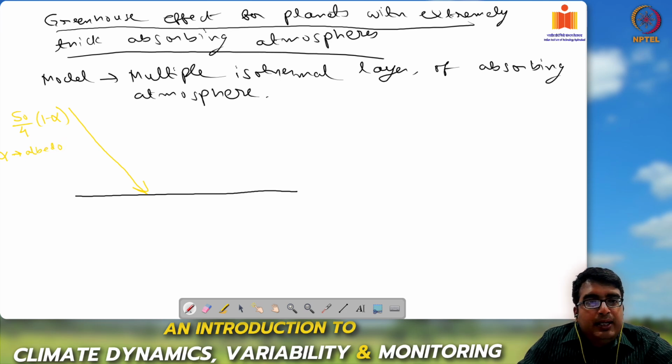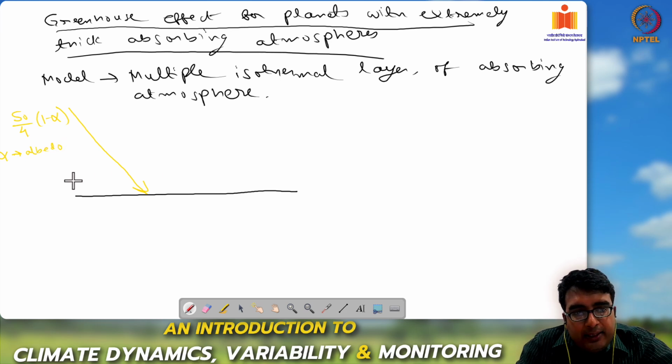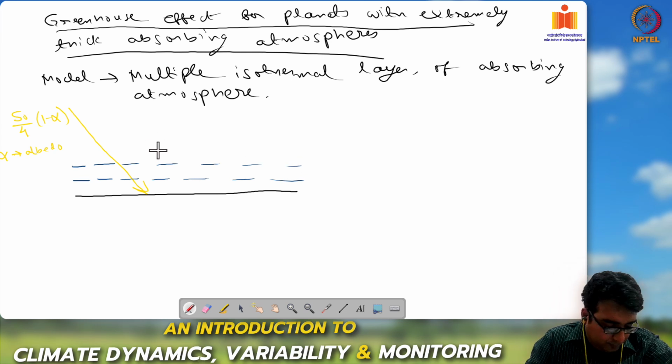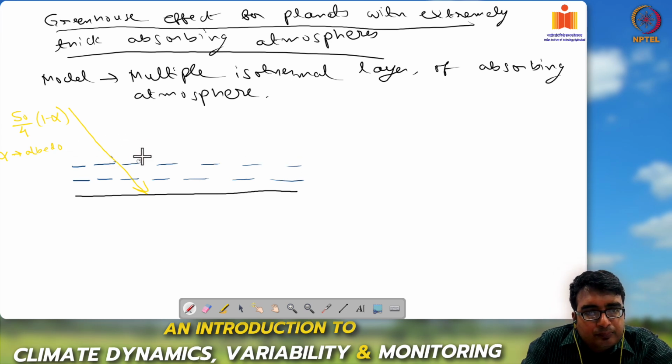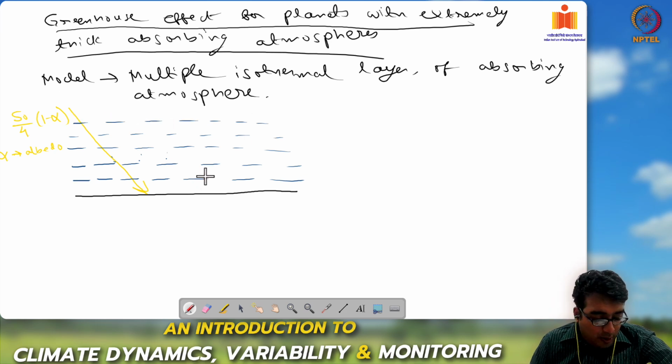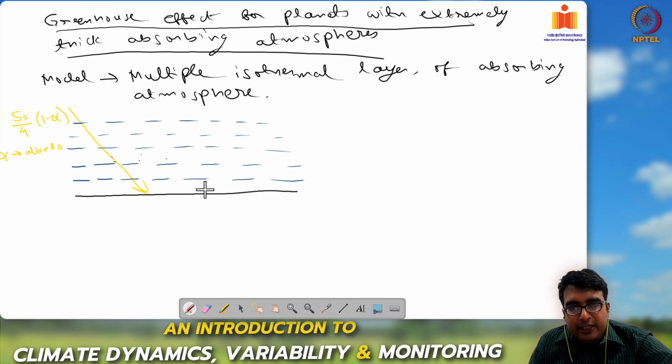Okay. Now here we will be assuming multiple perfectly absorbing layers of the atmosphere. These are all individual isothermal layers of the atmosphere which fully absorb any thermal radiation that is incident on it. They emit thermal radiation at their own temperature, assuming they are black body, these layers are perfect black bodies.